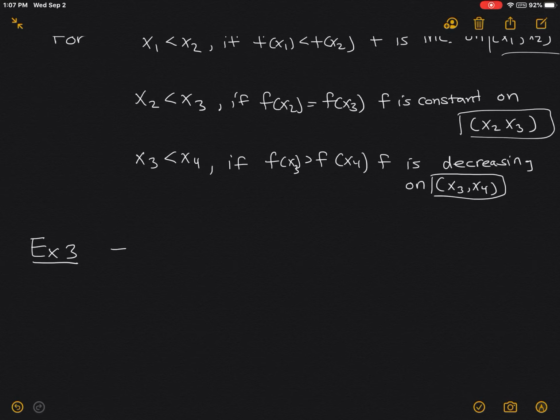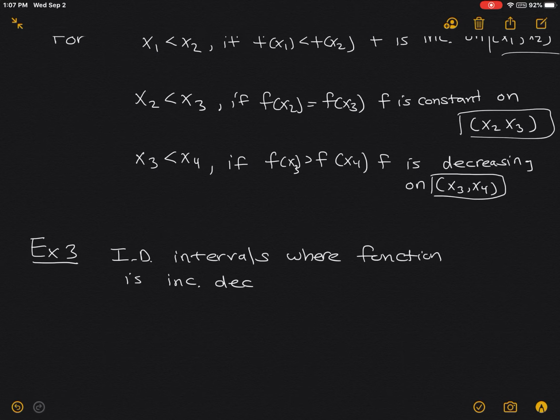I'll just say identify intervals where the function is inc, dec, and constant, if any. The function provided here is f of x equals x cubed plus 3x squared minus 1.